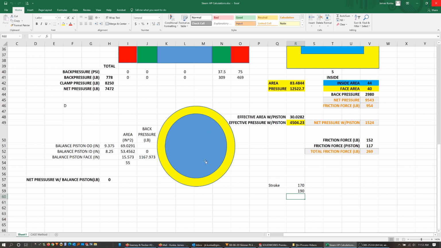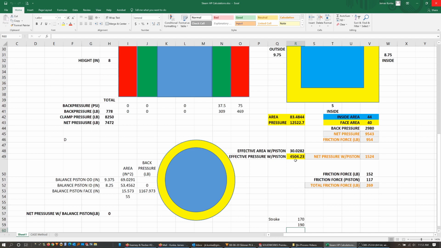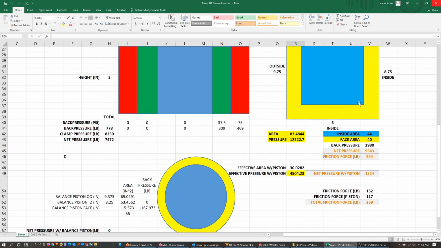It has an effective pressure of the balance piston of 4,500 pounds. Now, this is subtracting from the pressure that's applied to the slide valve by subtracting the amount of area that 150 psi acts on. And what you end up with is you take the 9,543 pounds, and that brings it down to 1,524 pounds.